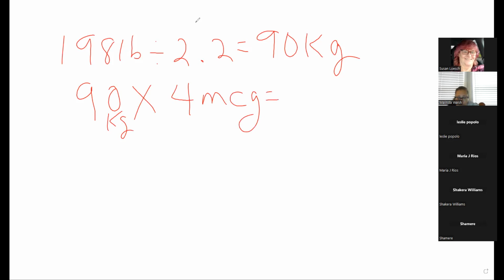And that should give you 360. All right. So now you have your doctor's order, which is 360 micrograms per minute. Okay. Now, what you have on hand is 250 milligrams per 250 mLs.